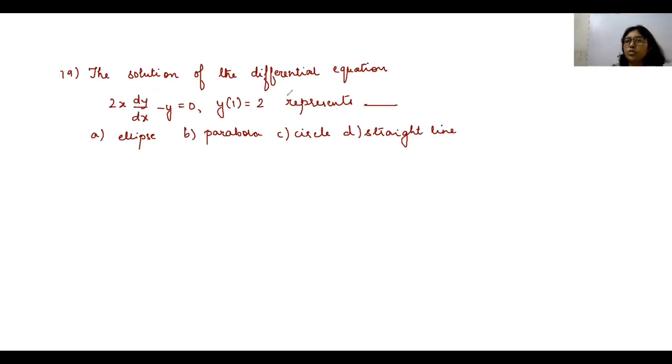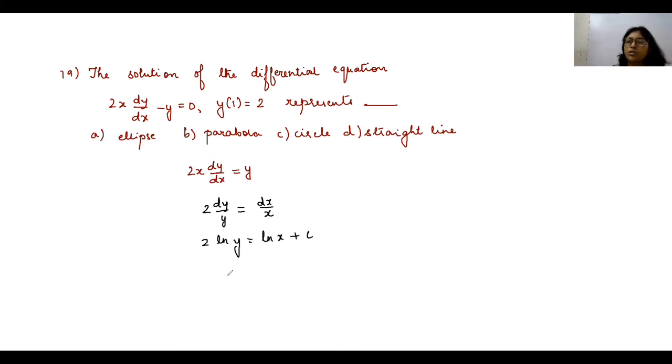So here we have to solve a differential equation: 2x dy by dx equal to y, which is variable separable. We will put the y term with dy and the x term with dx. Let 2 be here. Now integrating both sides. Integration of dy upon y is log y, and this is log x plus c.